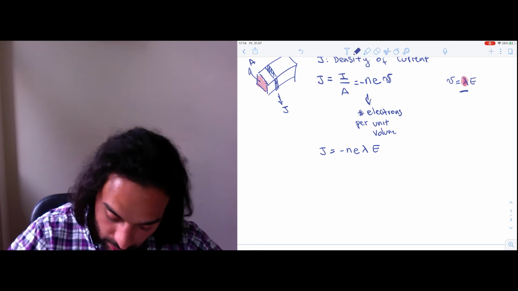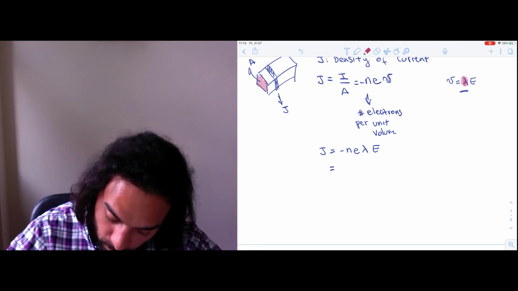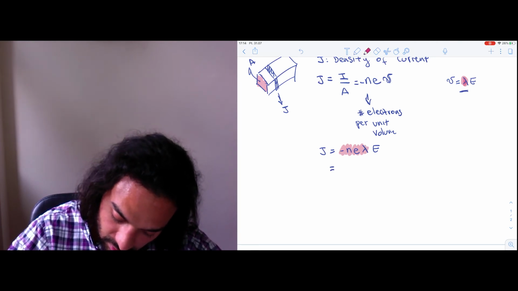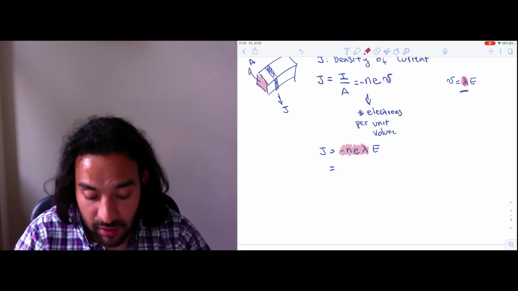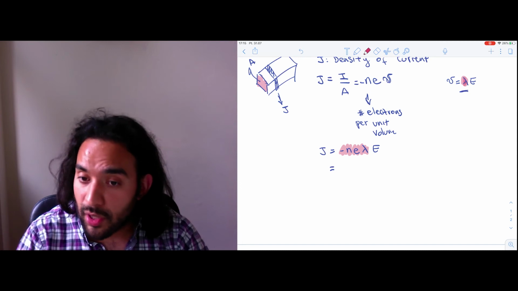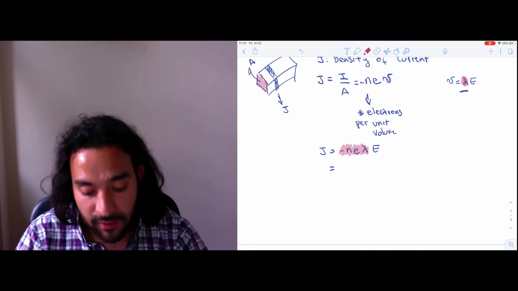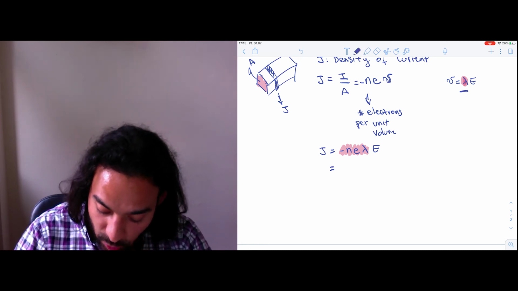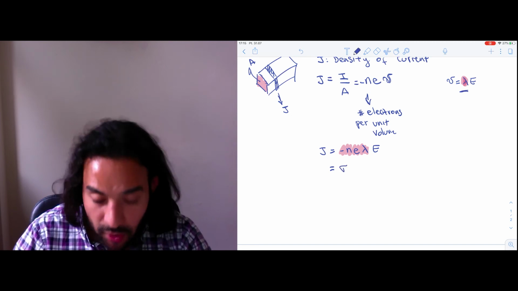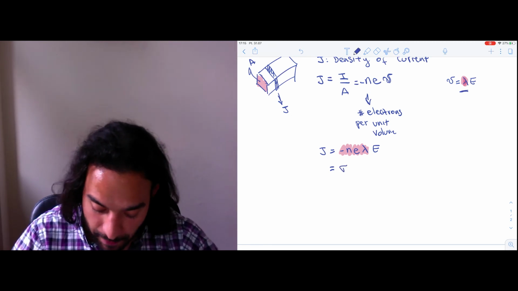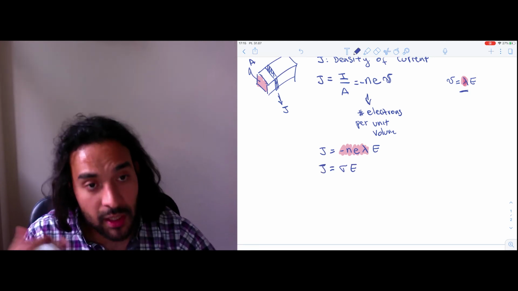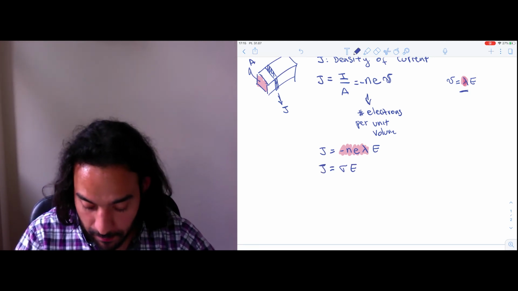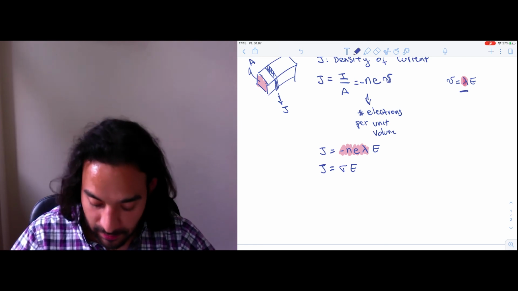And of course, we can put all of these constants together. The density doesn't change in the material, the charge of the electron doesn't change either. The constant of proportionality between the velocity and the electric field also doesn't change. And so we can call this with another Greek letter, sigma, and we can write that the density of current is equal to sigma multiplied by the electric field, right?